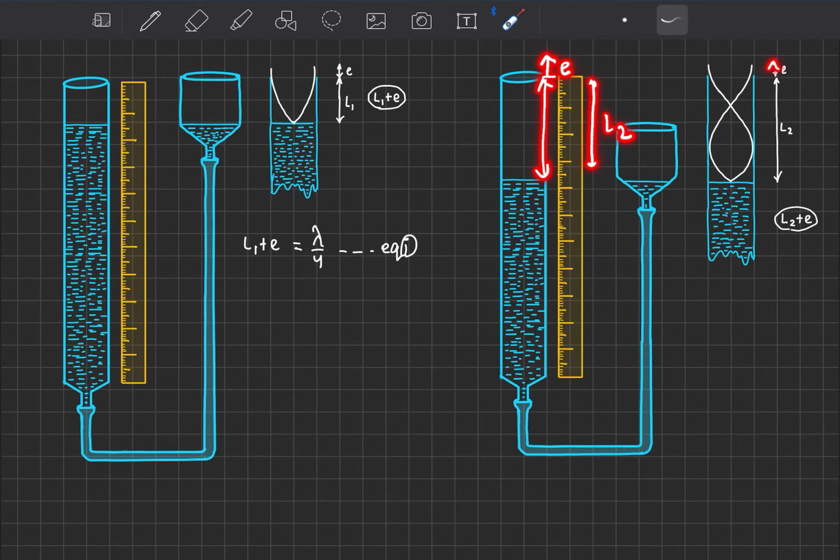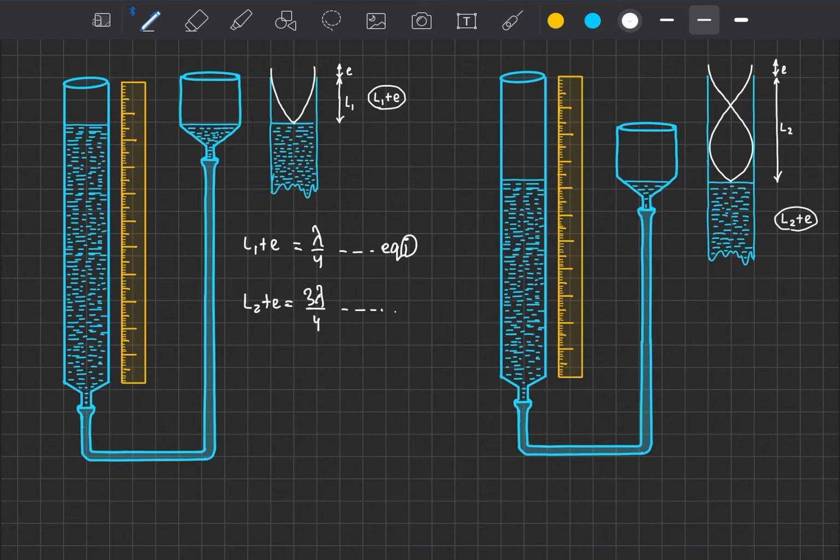So the net length will be L2 plus E now, and this will give us the condition for the next standing wave, which will be 3 lambda by 4. So this will be equation 2.